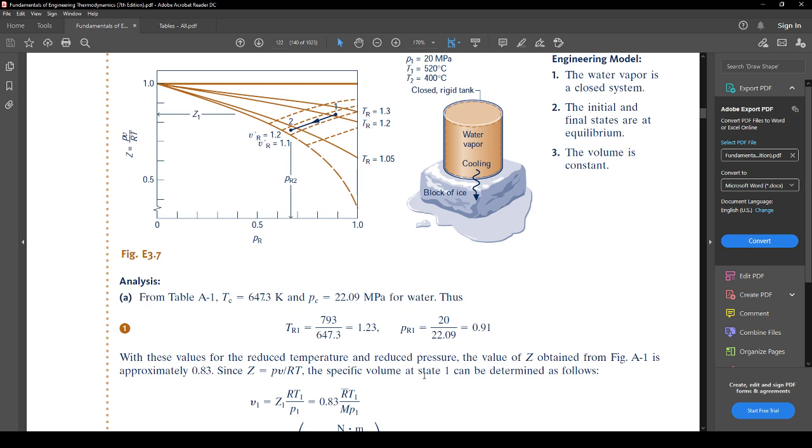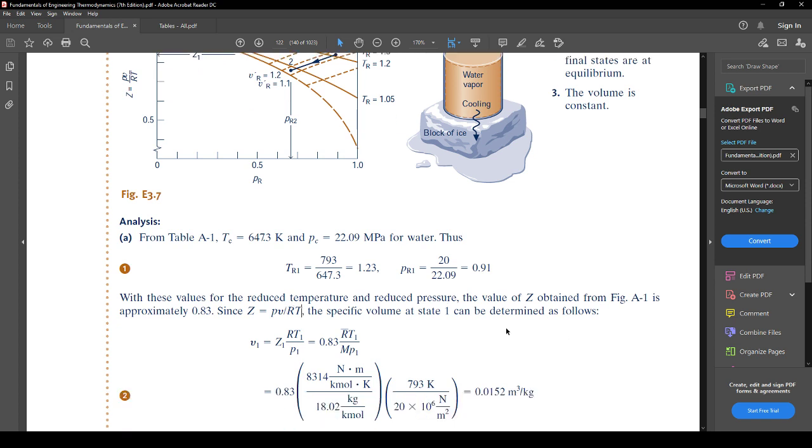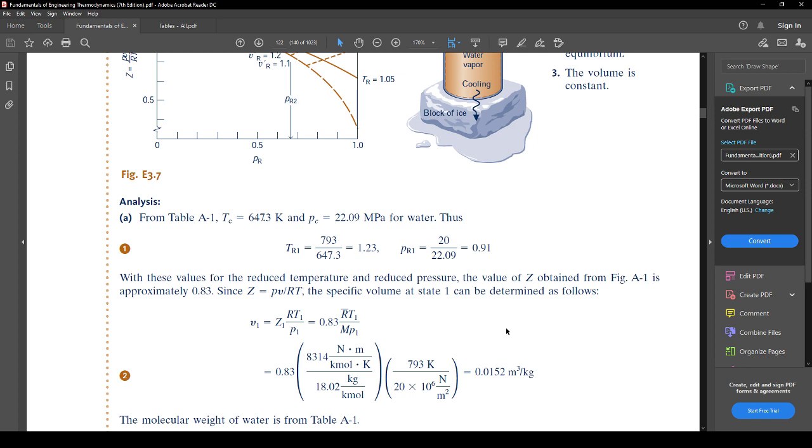And the specific volume can be determined at the first state, right? Because remember, it's P times little v over RT. And you can solve everything around. And they're going to do it right here. You can find what your specific volume is. So they moved specific volume to one side, and they solved for it.